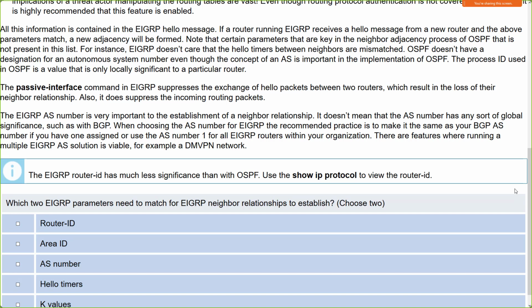So in other words, we have a network statement that includes an interface, which means normally hello packets would be sent out of that interface, but we've made that interface passive in our configuration, which suppresses the hello packets from being sent out that interface, but it still allows that network to be included as part of the process, right?